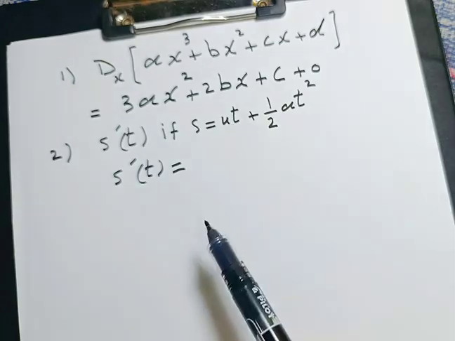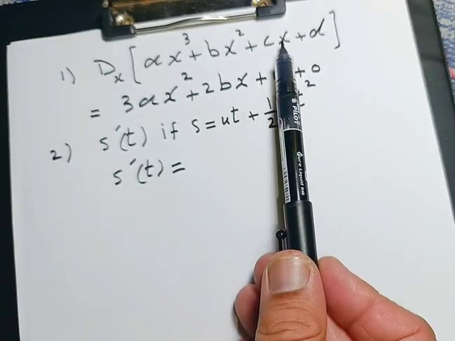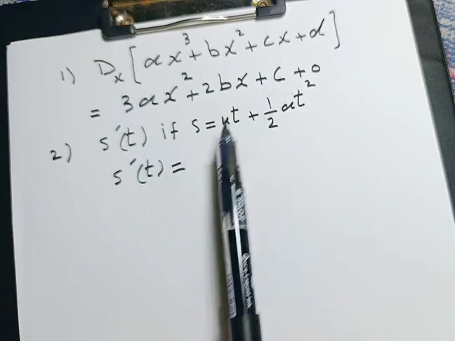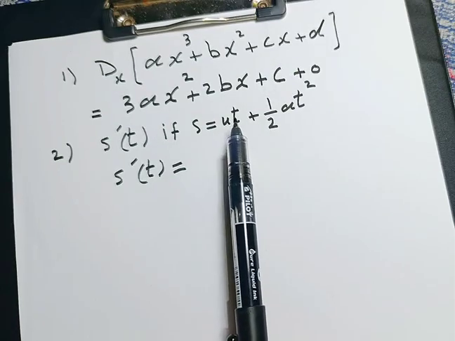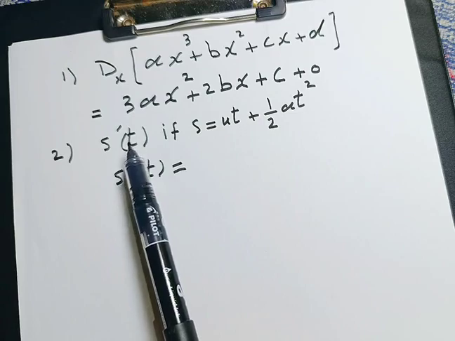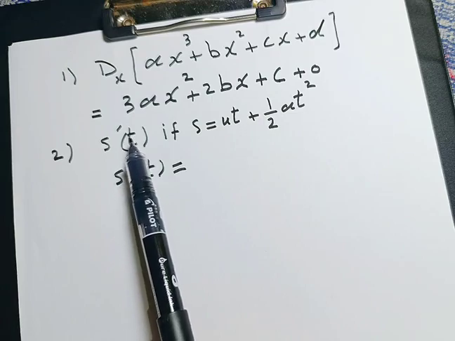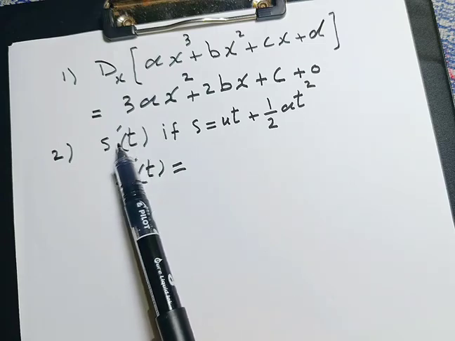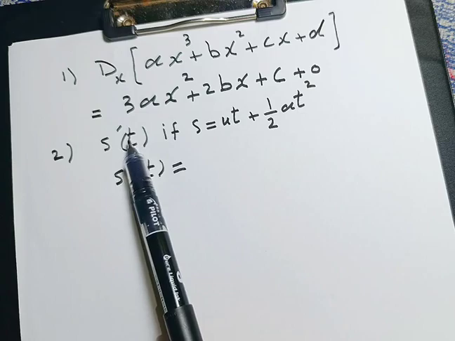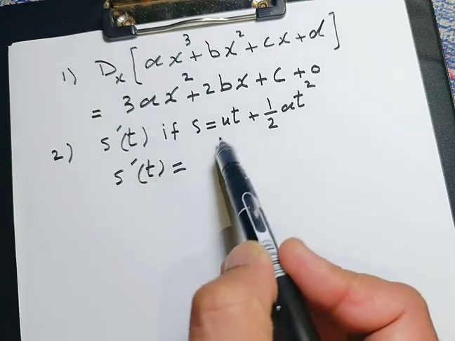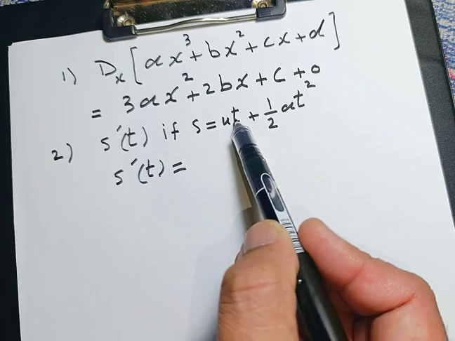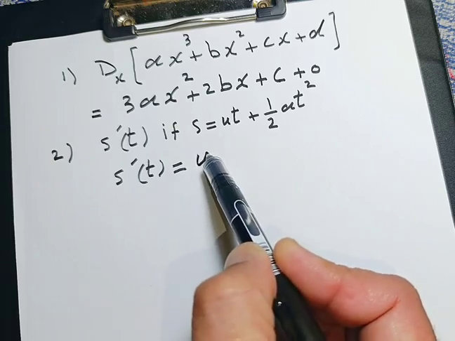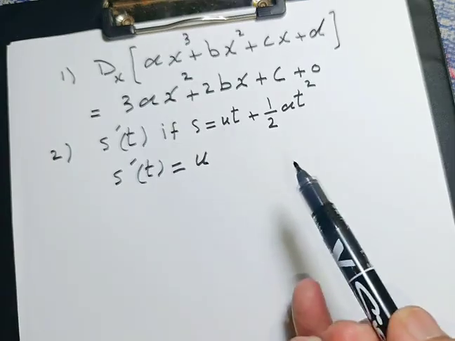But must remember, if you apply the derivative on x, it's always 1, so it's c. So you apply the derivative on t because we're differentiating with respect to t, because in the notation, have a look in the bracket, the letter is t. So this becomes only 1. So the 1 means only u is left. Now 1 times u is u.